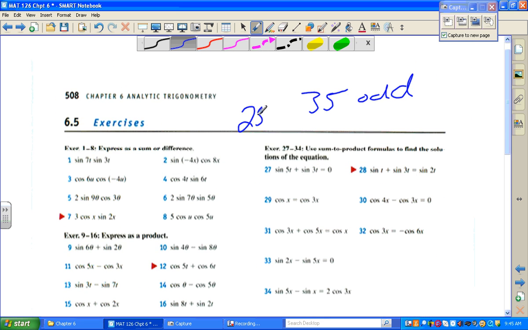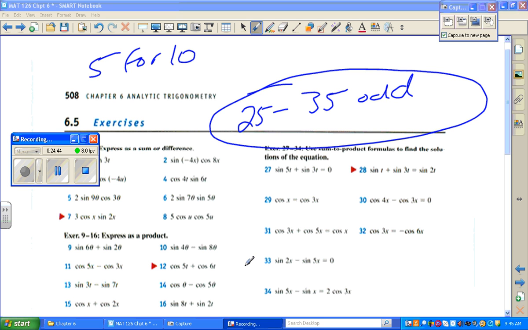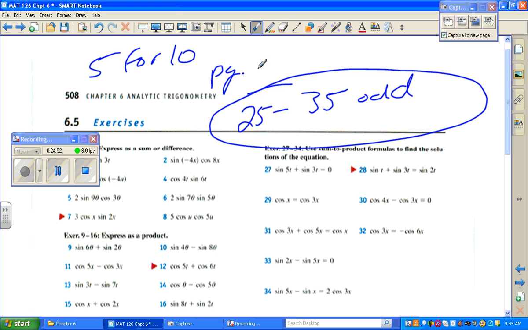So we'll do 25 through 35 odd. Fantastic. And now the moment of truth. Are we supposed to be in a specific mode? Radians, of course. All right, I'll shut this off and I'll give you your problems. What page are you on for 5.4 through 5.10? Page 490. Very good.